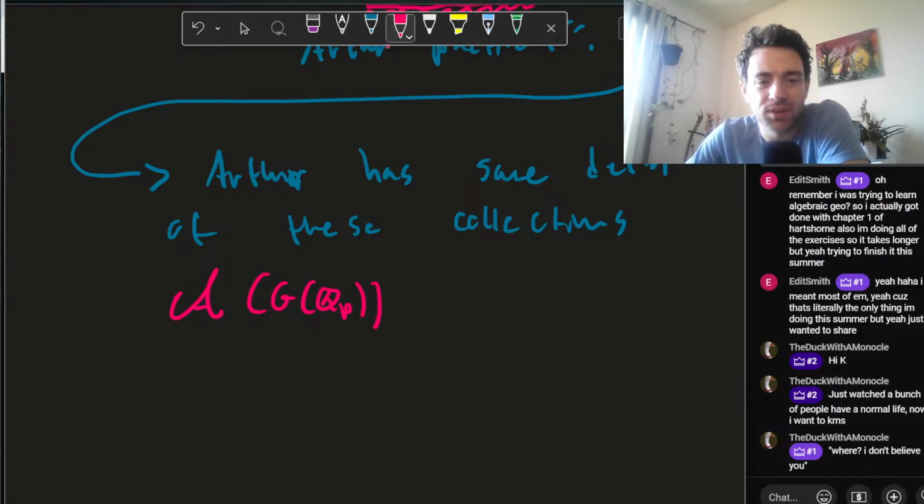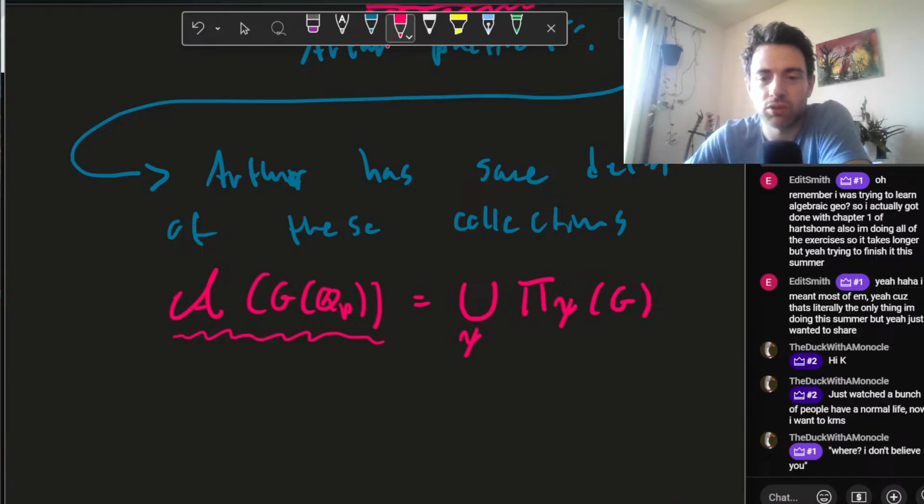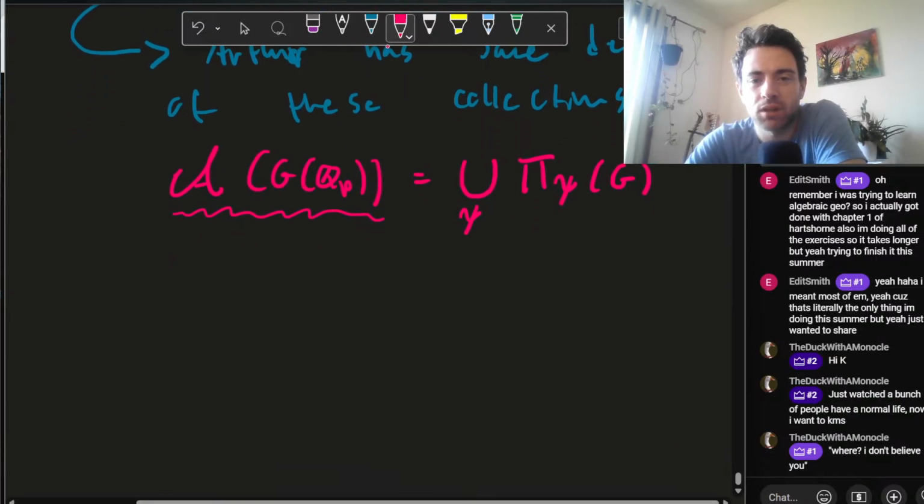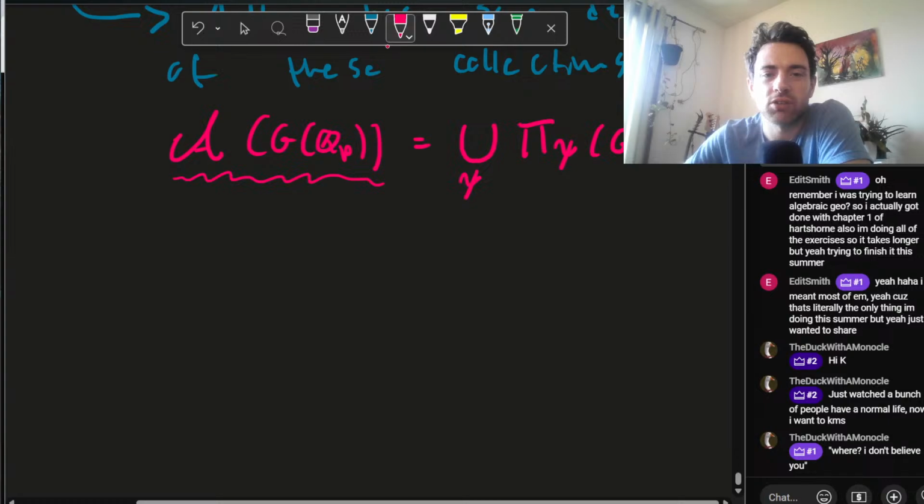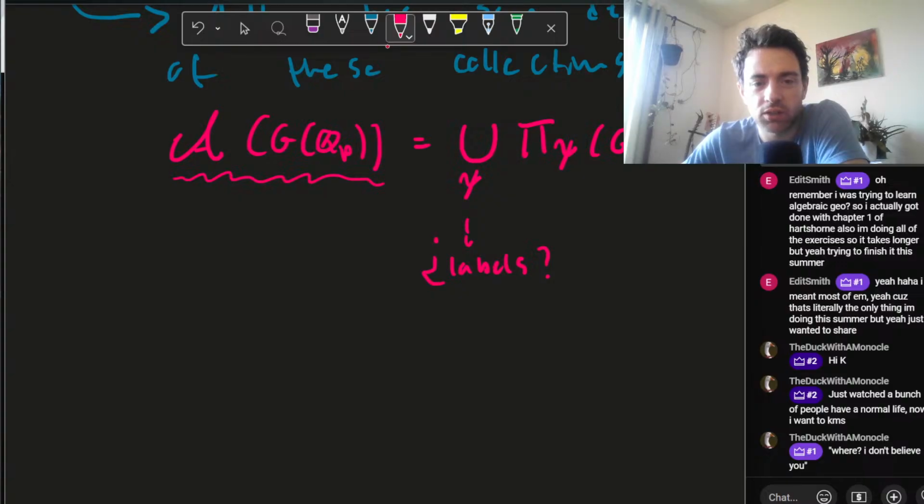This is bad notation because it conflicts with other things. So this is maybe the set of all representations that show up in automorphic things, and it should be a union, not a disjoint union, crucially, of these things called Arthur packets. So what are these labels, and how are these packets determined?